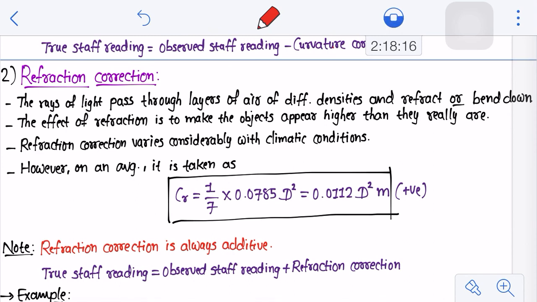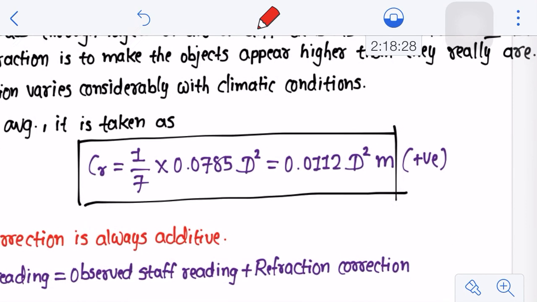Let's say if your rays are bending down, your object will appear somewhat higher than it really is. So refraction correction varies considerably with climatic conditions, right? However, on average, the formula is already given to us. It is taken as 1/7 into 0.0785 D square, so it would be equal to 0.0112 D square in meters.